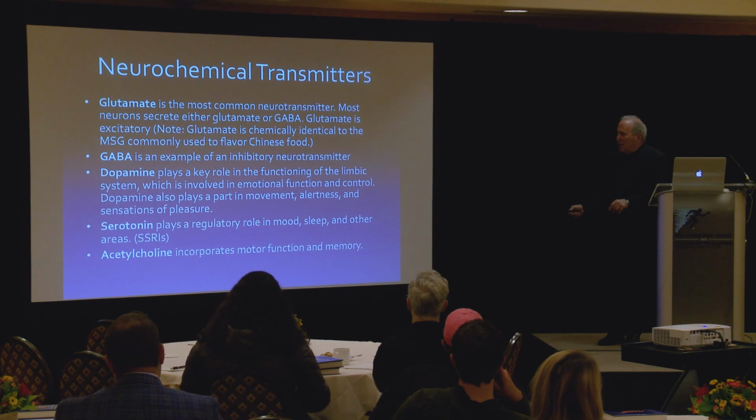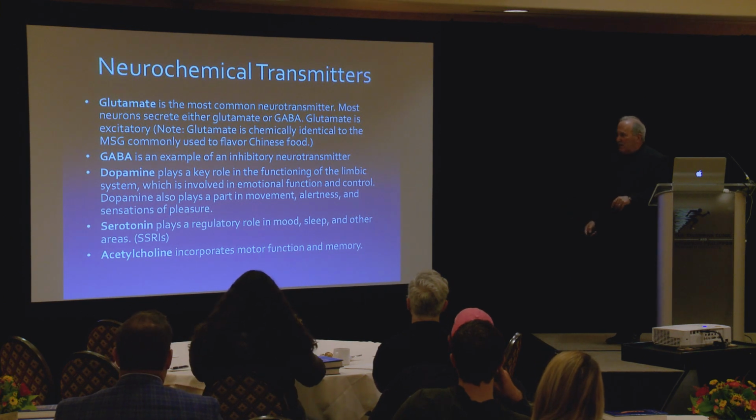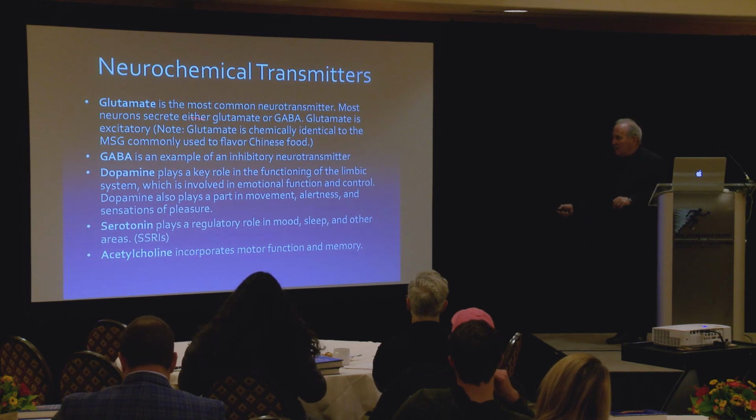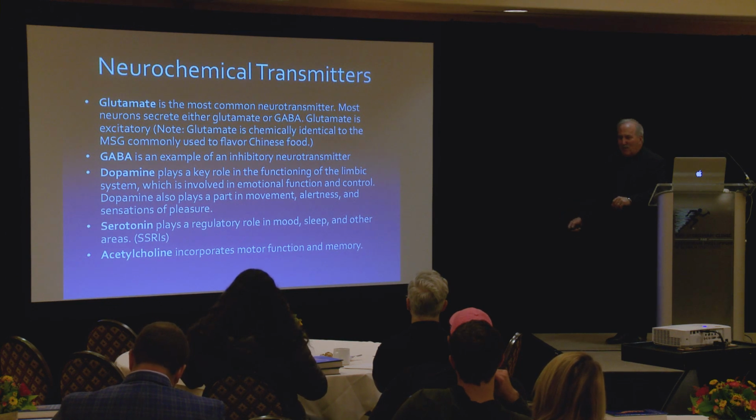Okay. So then we have to talk about the neurochemical transmitters. Glutamate, most common neurotransmitter. Everybody's heard glutamate or GABA, right? Glutamate is the excitatory transmitter, and it's interestingly exactly the same as MSG.